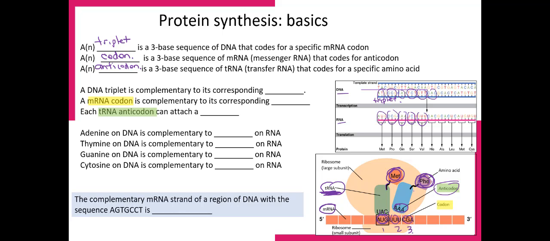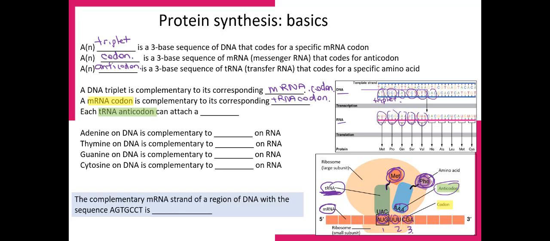amino acid. So when we look at it, a DNA triplet is complementary to its corresponding messenger RNA codon. A messenger RNA codon is complementary to its corresponding transfer RNA anticodon.